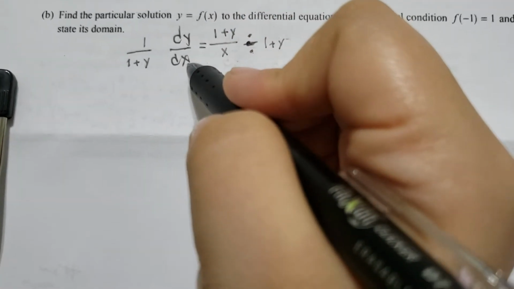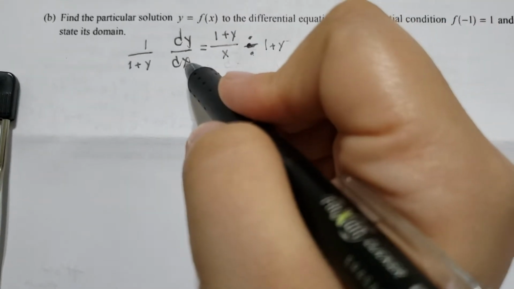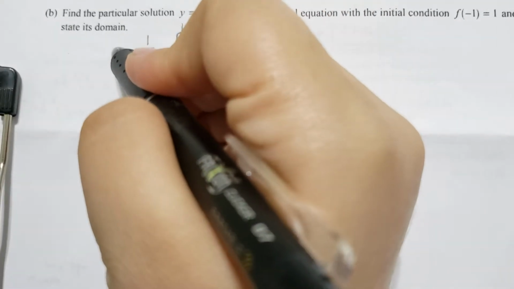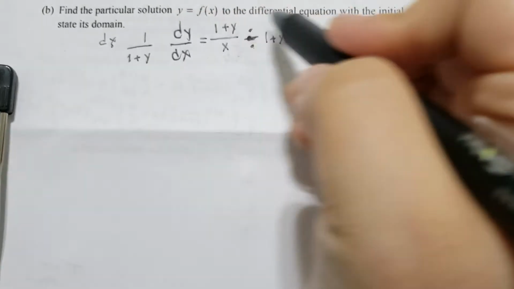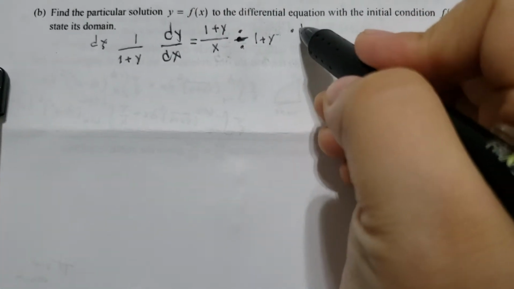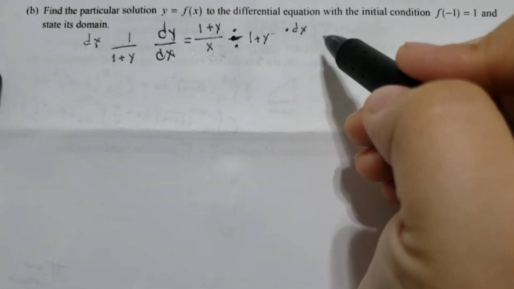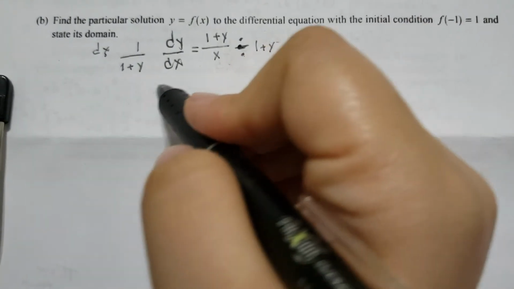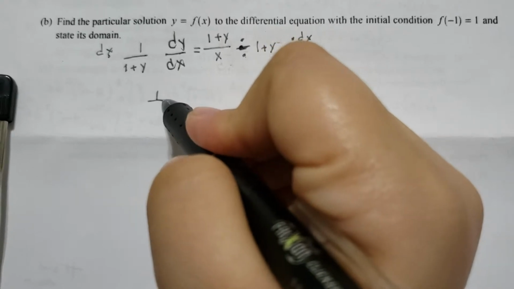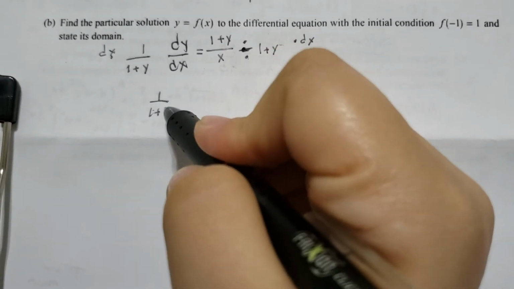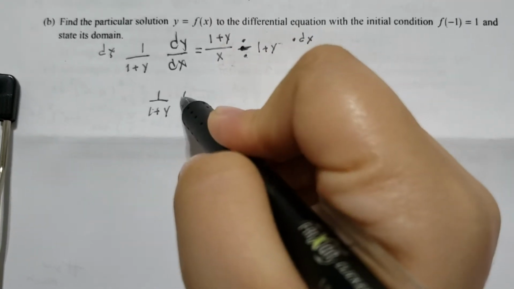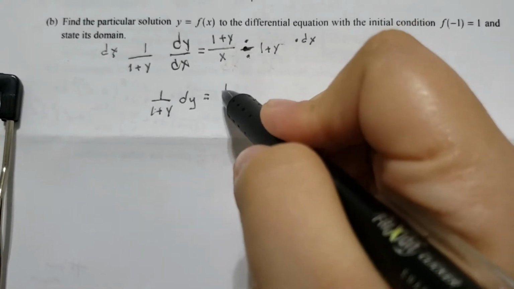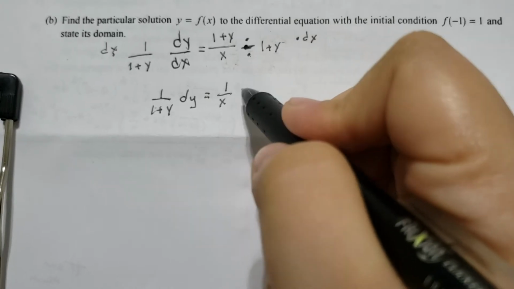Okay, I want to move this to the other side, so I'm going to multiply both sides by dx. Now, it seems like a lot to do at once, but it's actually not that bad. We get 1 over 1 plus y dy equals 1 over x dx.